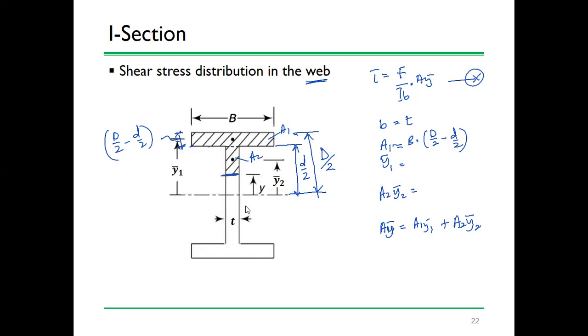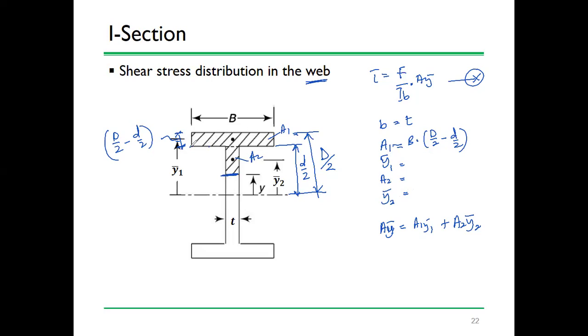Now again, let's look at the, I think that I mixed up some things. So here we'll look for the A2, and then we'll look for the Y bar 2. So let's look at the Y bar 1 for the A1.